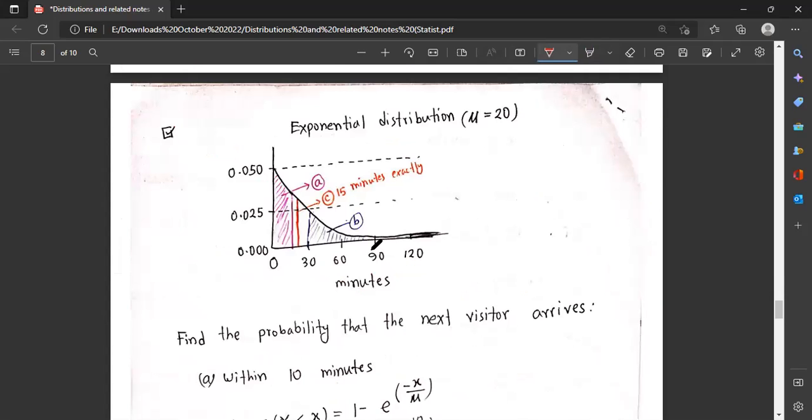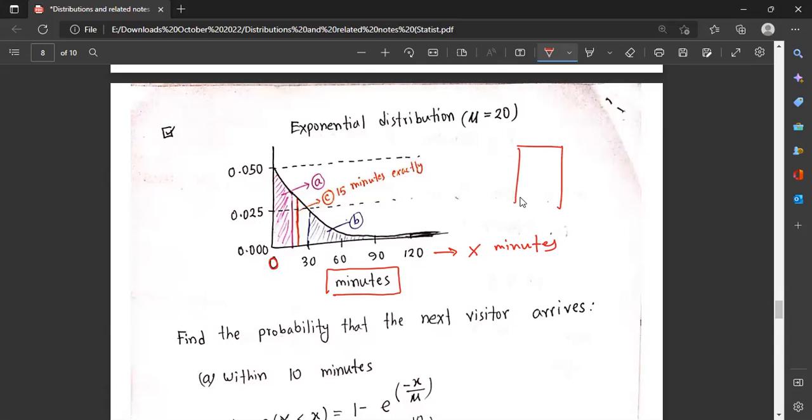So let's see another example. We have some minutes here: 0 minutes, 30 minutes, 60 minutes, 90 minutes, and 120 minutes. So this is the value of x, in minutes. And let's say we have a website, and we are counting the visitors.